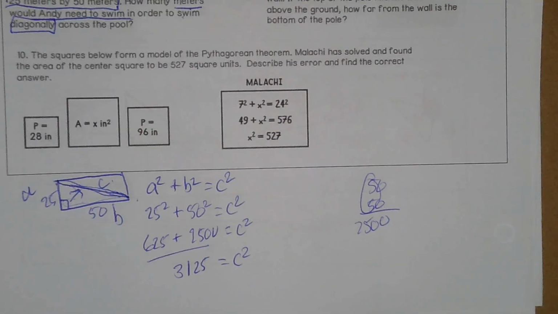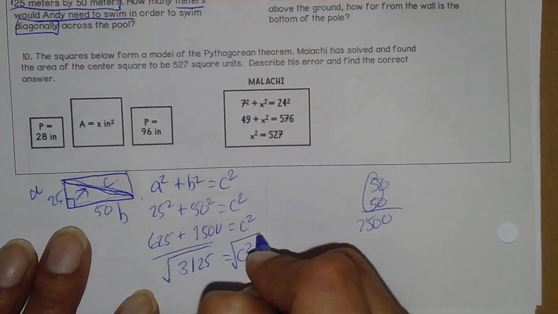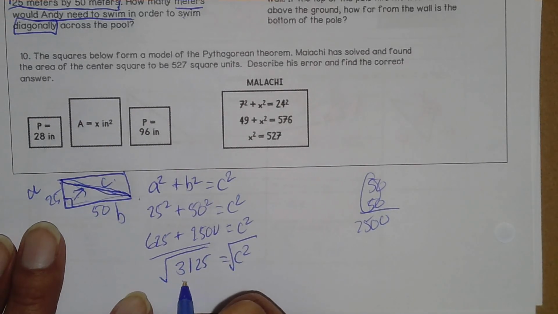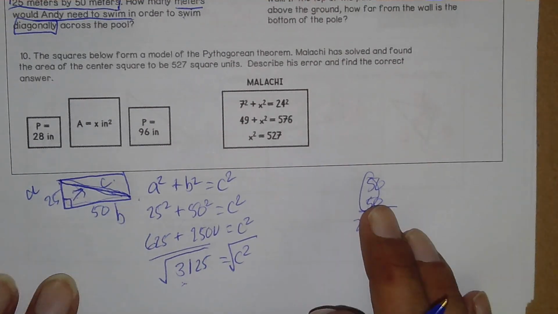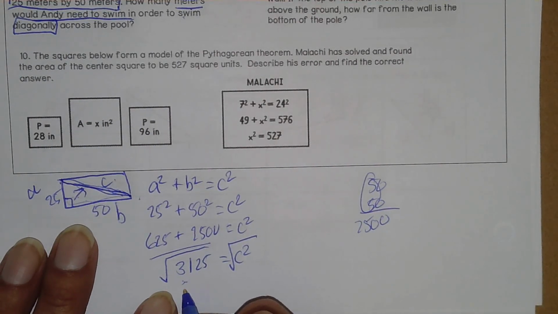And last but not least, I'm going to go ahead and find the square root of both sides. I can tell that 3,125 is not a perfect square. And since it is not a perfect square, that means this is going to be either a decimal that's going to continue on, or I can leave it as the square root of 3,125.